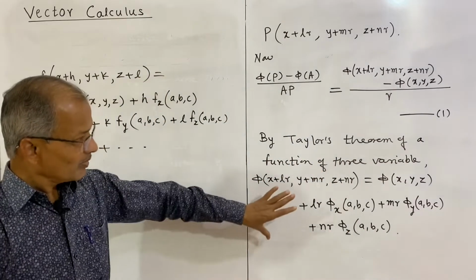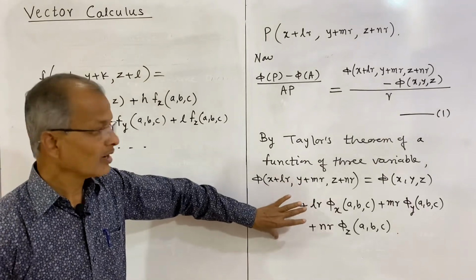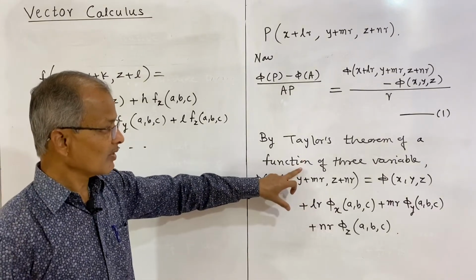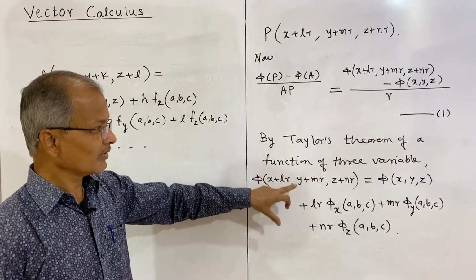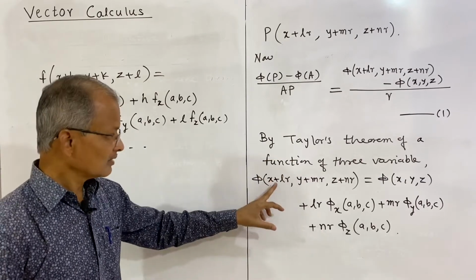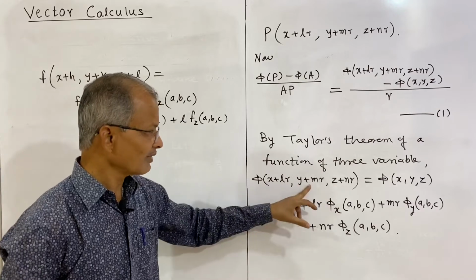So please try to understand how we have used Taylor's theorem for a function of 3 variables, that is, there are 3 variables x, y, z.